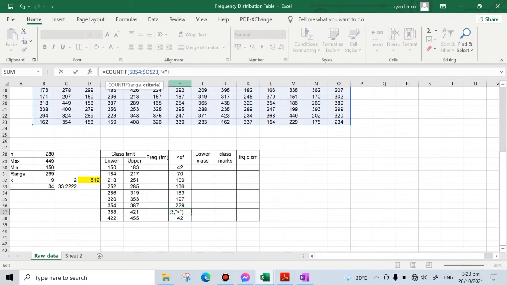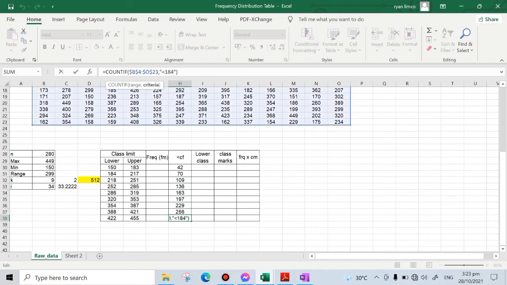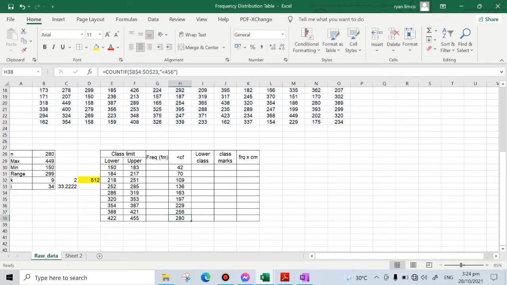Ito ay papalitan natin ng 422. And the next number higher than 455 here is 456. So, papalitan natin to ng 456. Number natin dito must be equal to the number of n. That is 280. So, tama.